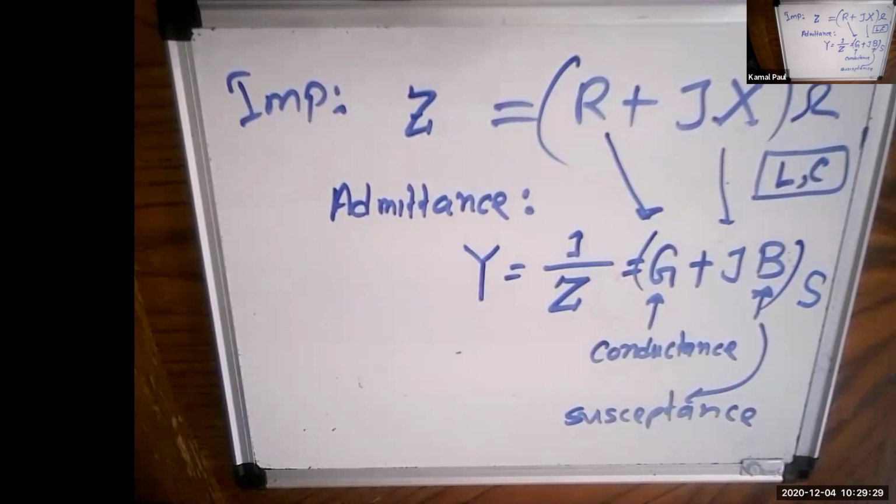Now let's dive into a real problem and try to solve it. Before that, just another thing to be noted: KVL, KCL, everything is applicable in AC circuit analysis, like you have used in the DC case.